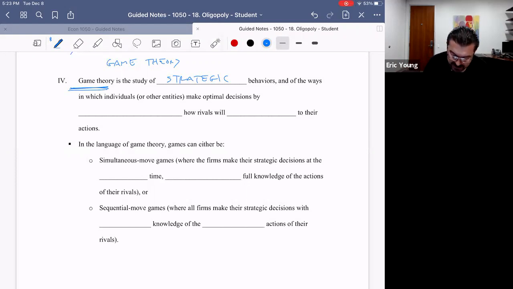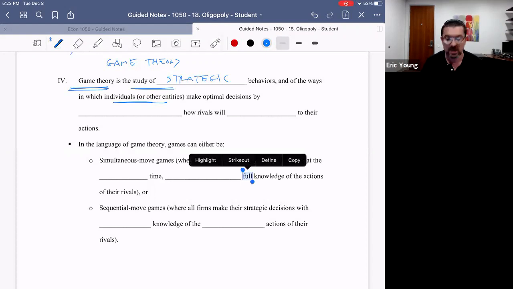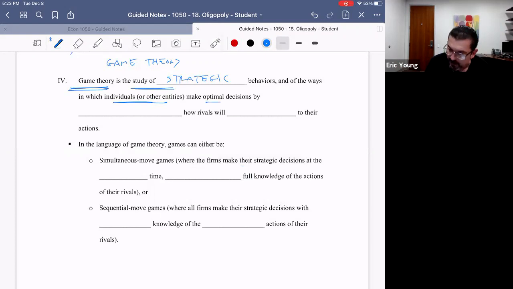Game theory is the study of the ways in which individuals or other entities, right? Individuals, firms, businesses, governments, armies, how all these different entities make optimal decisions by anticipating. Key thing here, by anticipating how rivals will respond to their actions.